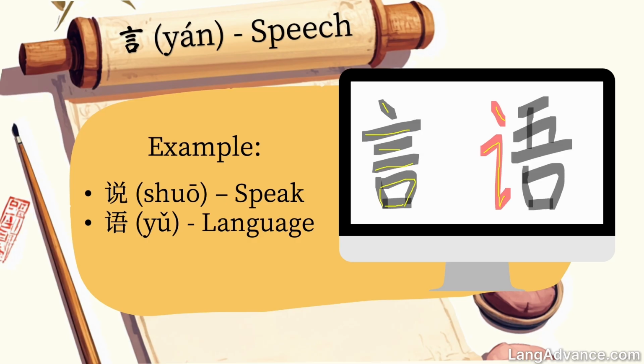Traditional Chinese still has this yan as their radical, but when we are writing it in simplified form, we will be using this form. When you are saying yan, obviously you have everything to do with speech. That's why we have 说, which is to speak, and 语, which is language. Everything that has to do with words and your mouth, we use yan, speech.